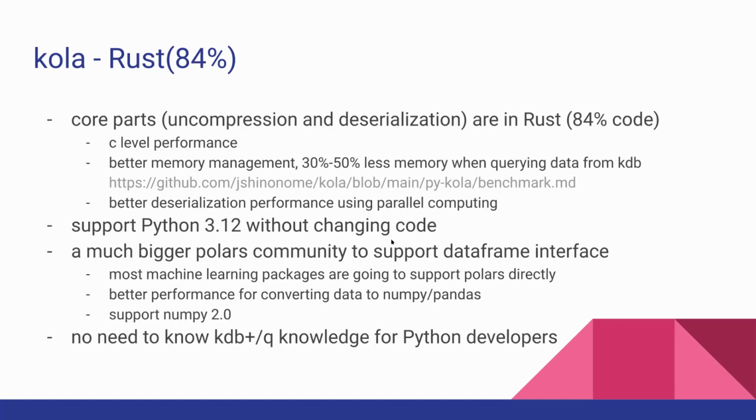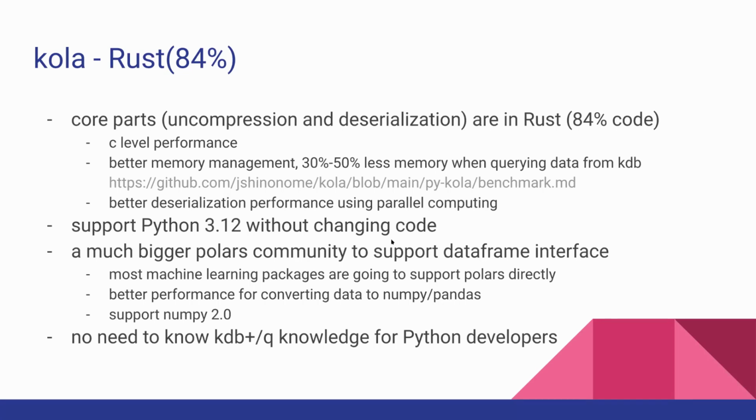So I wrote Kola in Rust. Most of the code is Rust code. The core parts, compression and deserialization, are in Rust. It has C-level performance. It does better in memory management, using 30 to 50 percent less memory when querying data from KDB, and better deserialization performance using parallel computing.